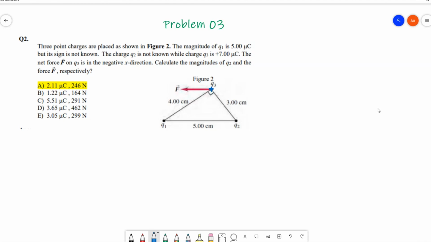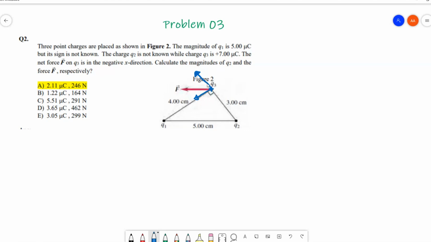Great. So here, in order to have a force in this direction, this one needs to be like this, a force in this direction, and this one needs to be in this direction. If you try the other, so this one should be attractive, this one should be repulsive.